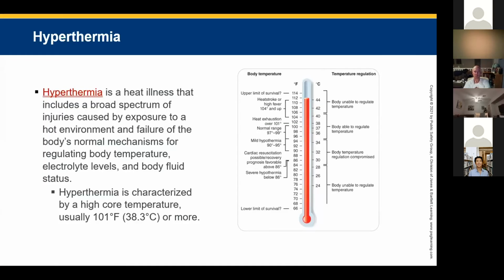Hyperthermia is a heat illness that includes a broad spectrum of injuries. It is characterized by a high core temperature. Well, 101, we talked about that. So body temperature.